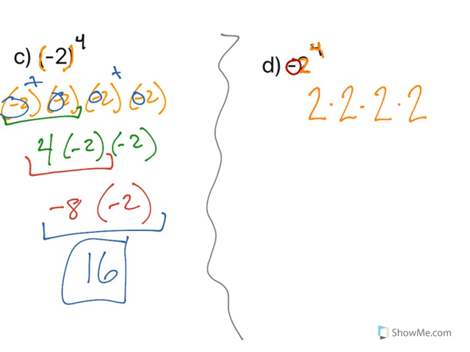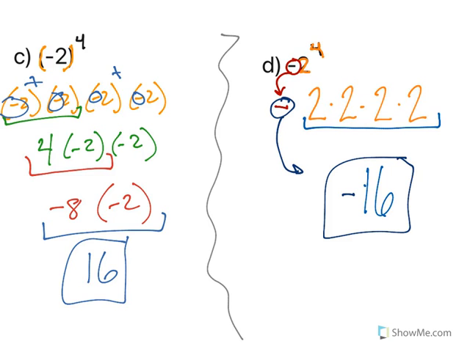This negative sign is just out front, so it's going to stay out front and come along for the ride. So 2 times 2 times 2 times 2 is 16, and then that negative comes along for the ride. So that simplifies to -16.